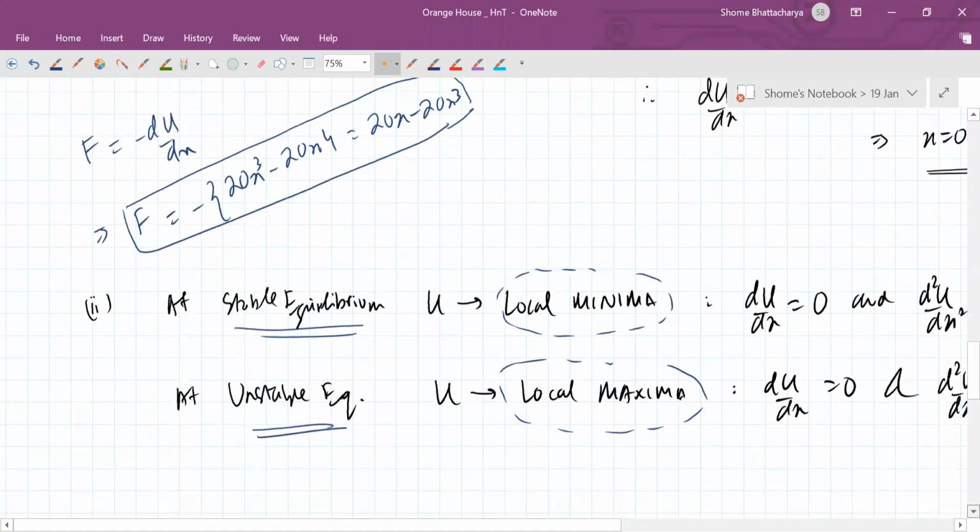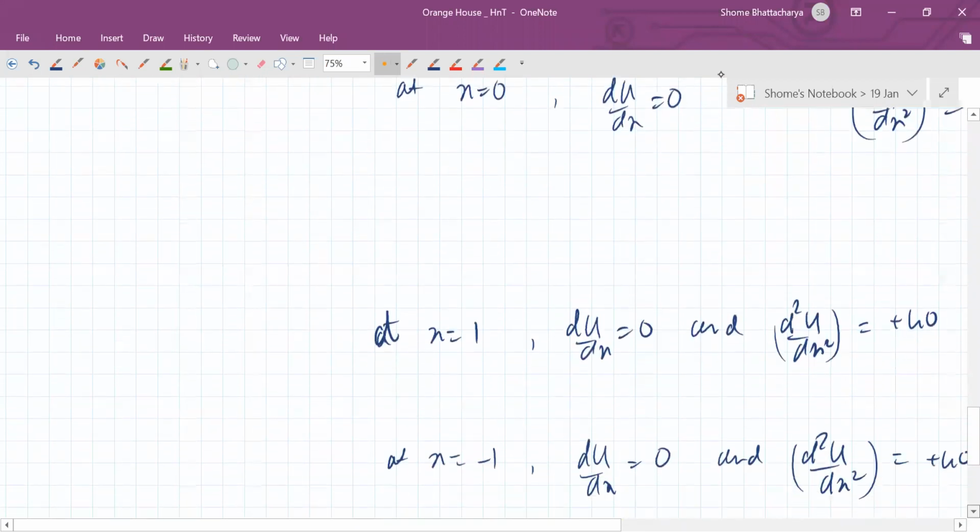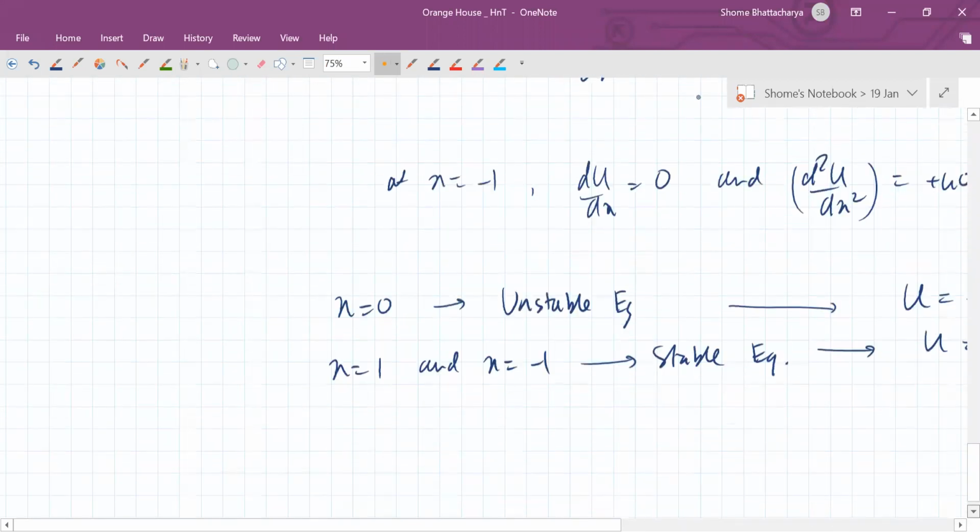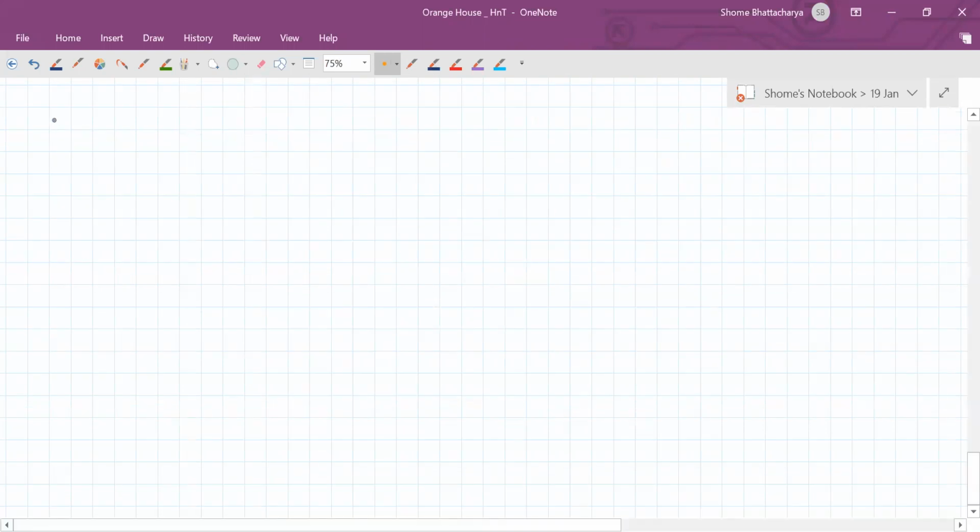So we will apply conservation of mechanical energy. So third part, given that kinetic energy is equal to 25 joules at x equal to 0. So from this we want to find the maximum kinetic energy. Okay.